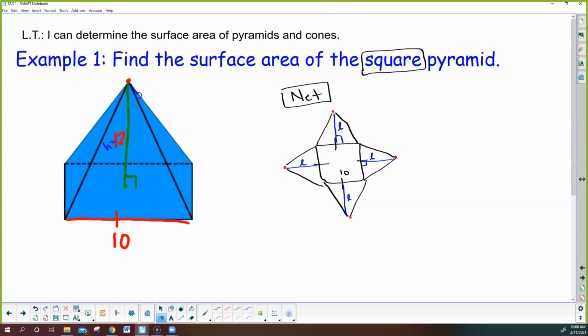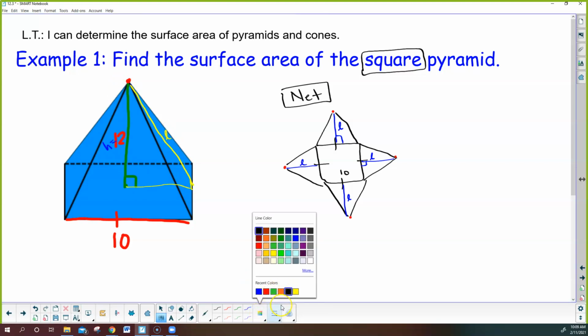What's missing is if I was to draw the slant height in here, I'm going to use yellow. I don't love this switching colors, but if I pick this side length and I go right to the middle of this side, I've got to find the slant height L. Well, notice I've got a right triangle here, and this will always be the case.